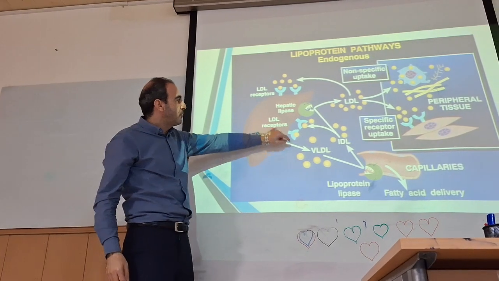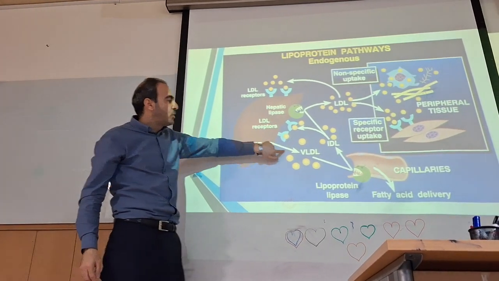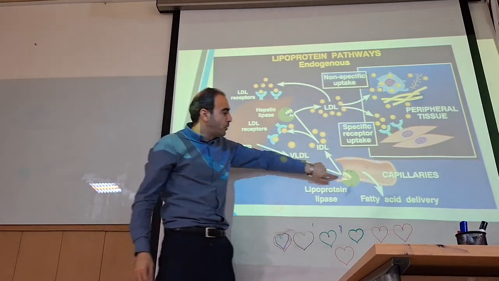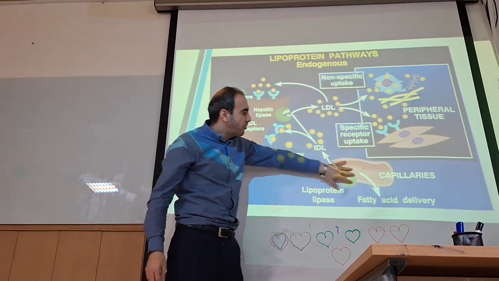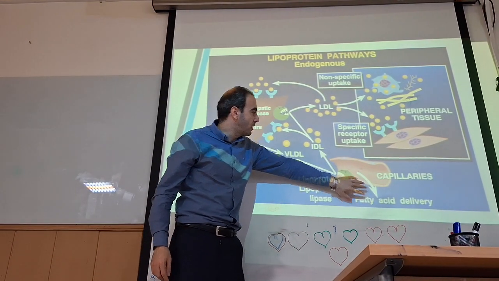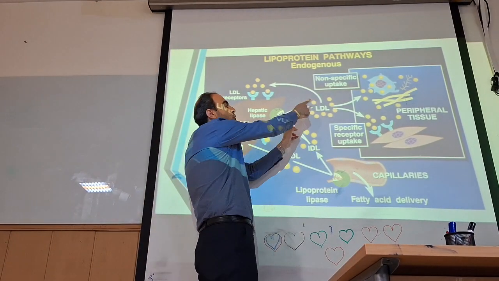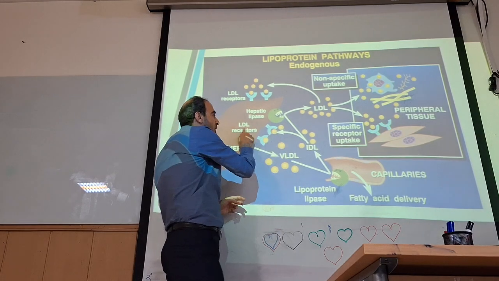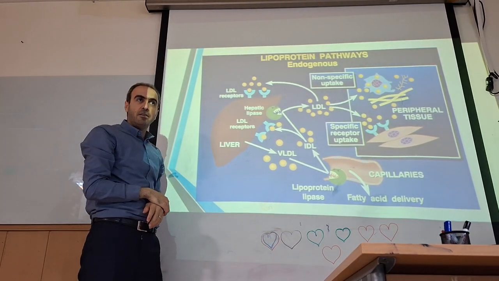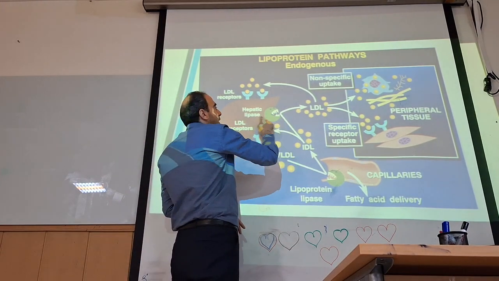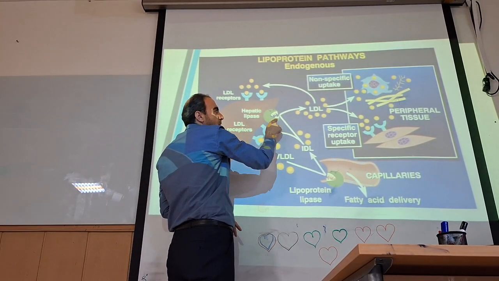Here you can see, from liver, we synthesize VLDL. VLDL, by lipoprotein lipase, gives fatty acid to extrahepatic tissue and converts to IDL. IDL has two fates. One is uptake by liver through the LDL receptor, ApoB. The second is conversion to LDL by hepatic lipase.